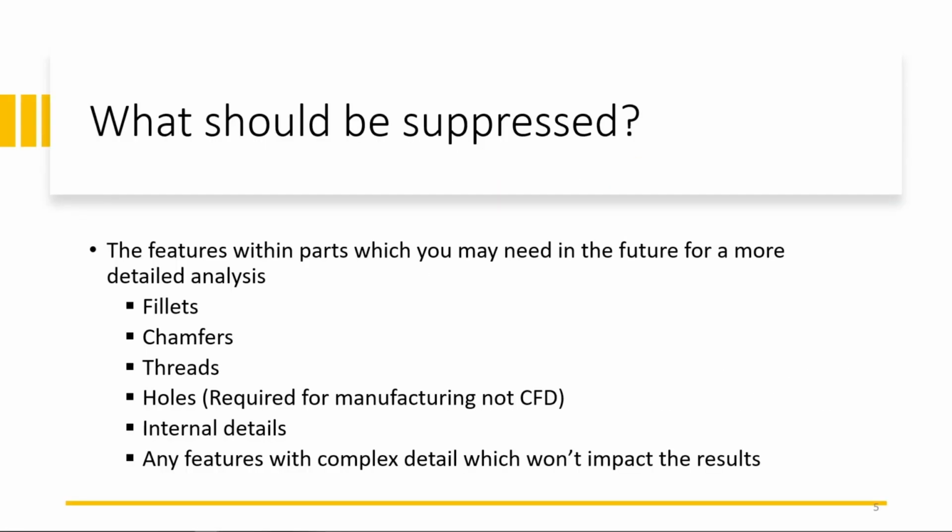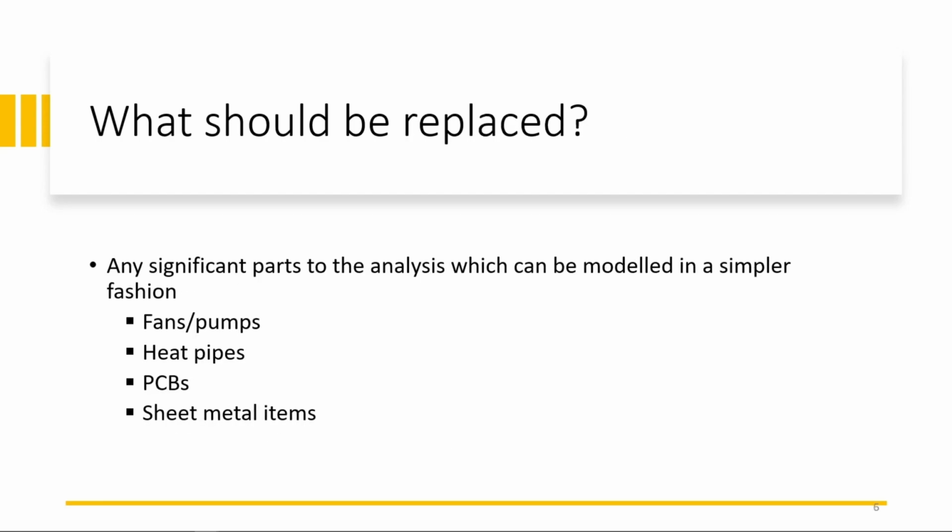So what exactly should be suppressed? The features within the parts which you may need in the future or for a more detailed analysis can be suppressed. Some examples of the features that can be suppressed are fillets, then we have chamfers, threads, holes, internal details, or any features with complex detail which are not going to impact the results. What exactly can be replaced?